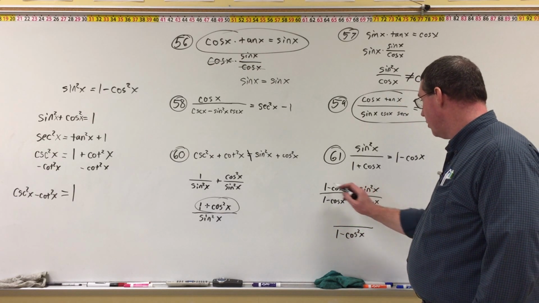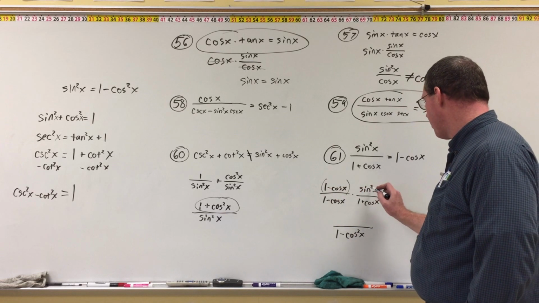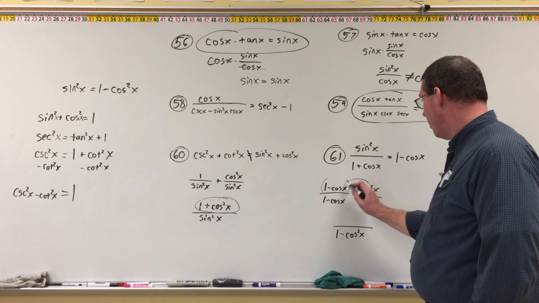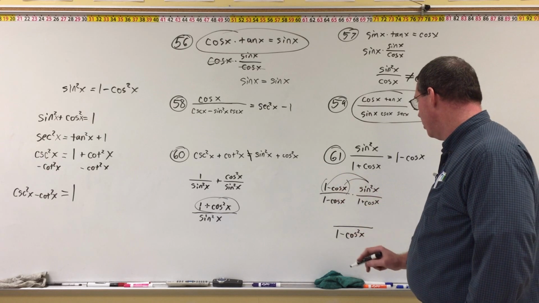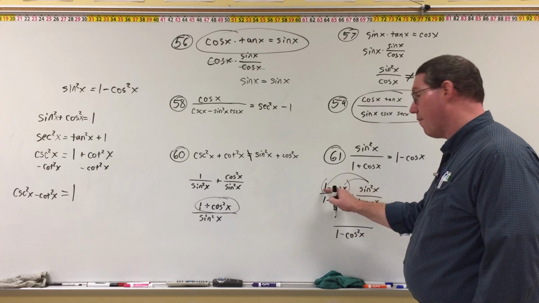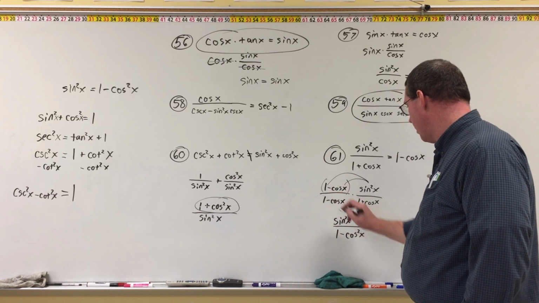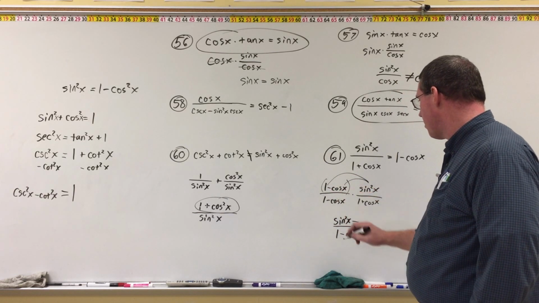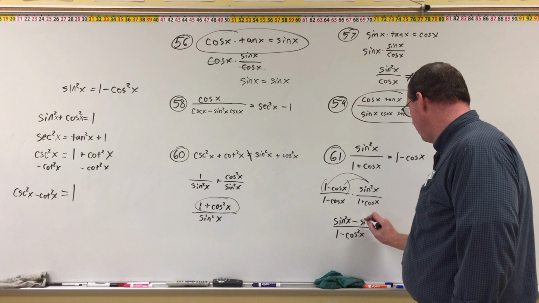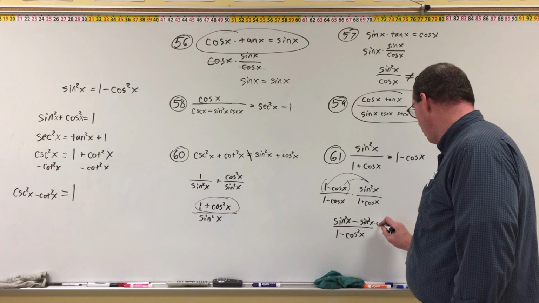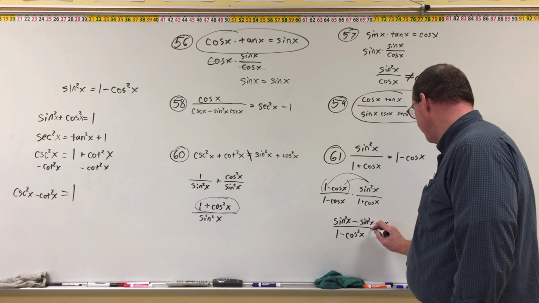Now we have to multiply 1 minus cosine of x times sine squared of x. We've got to distribute the sine squared of x to both of these. Sine squared of x times 1 is sine squared of x, minus sine squared of x times cosine of x, which is just simply sine squared of x times cosine of x.